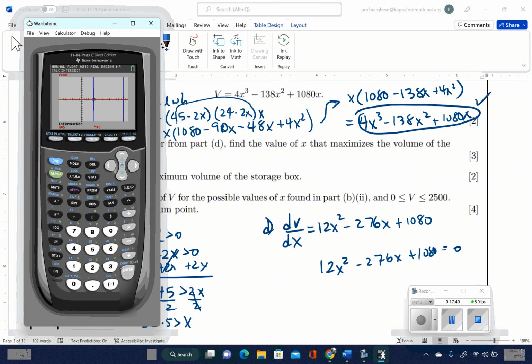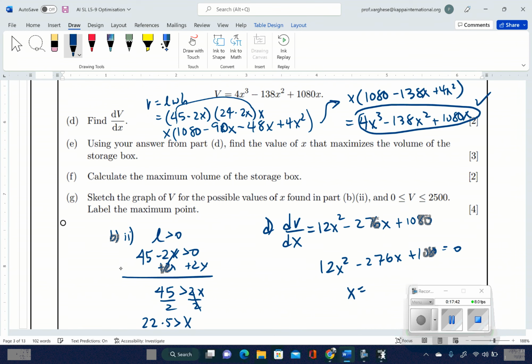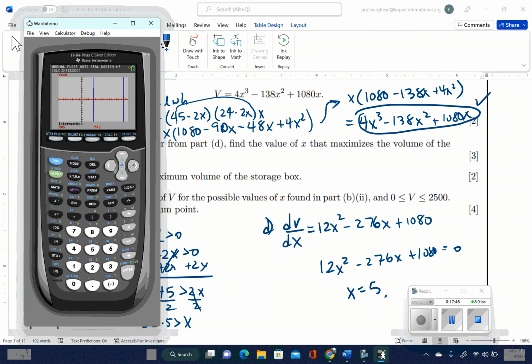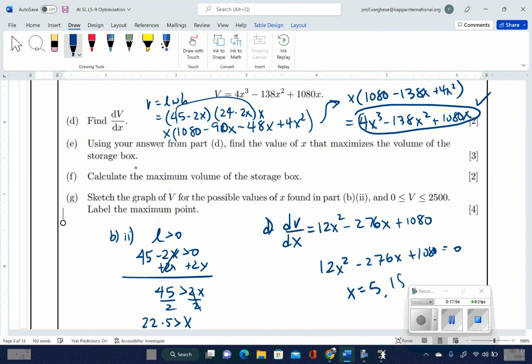So x equals 5 is one of them. So x equals 5 is going to be 1 point. And then to find the other point, I'm going to go second calc, option number 5, and go over to the right. You can do that part. You're going to get 18 as the second one, okay? So we're looking to see which one maximizes the volume.